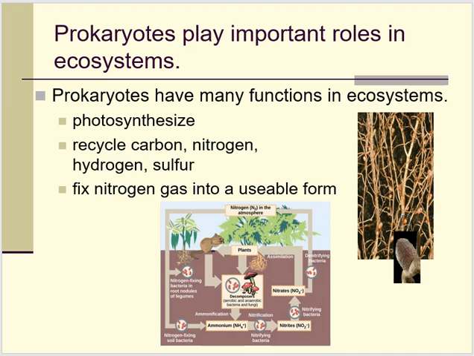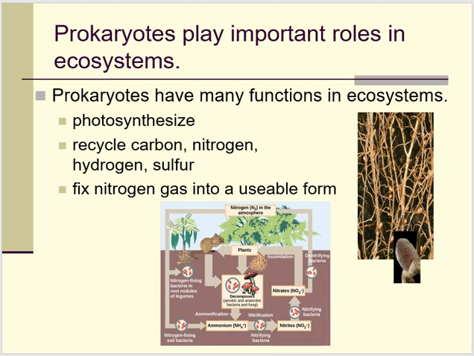Not just in us or in foods, but also in the environment. We talked about this when we talked about the cycles. What about that nitrogen cycle? What do we need underground on those plant roots? We need bacteria. All right. We have some bacteria that do photosynthesis. They're more evolved than we are. They can make their own food. All right.